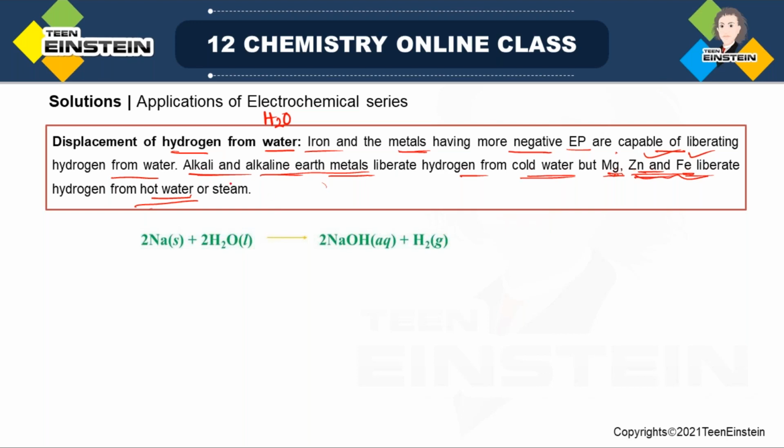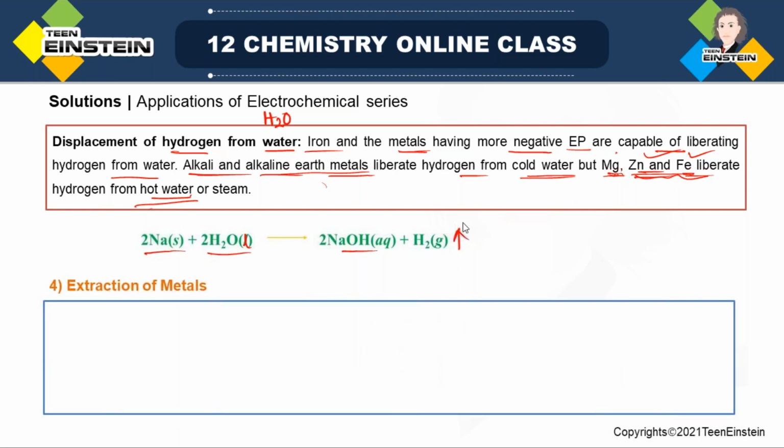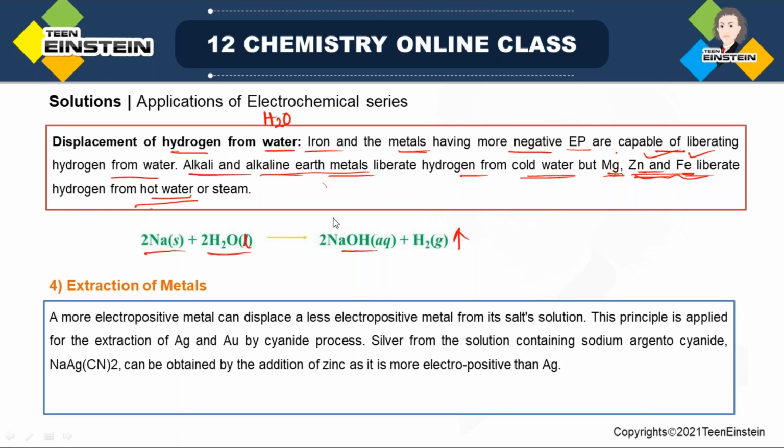That is why we have to use hot water or steam. That means we have to provide extra energy. If you look at this reaction, sodium is reacting with water. In the bracket, the physical state is L, that means liquid water. And we get NaOH and hydrogen gas liberated. But if it is iron, then you need steam. So that is the difference.